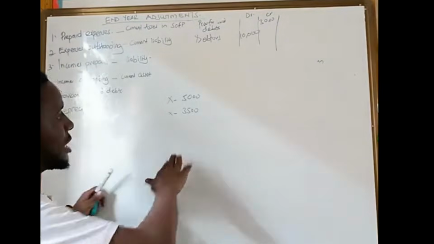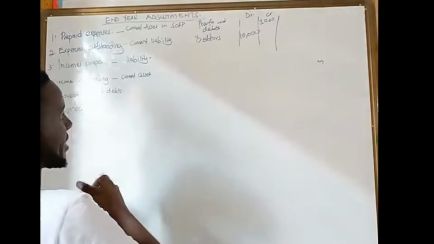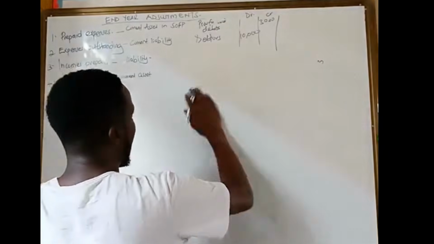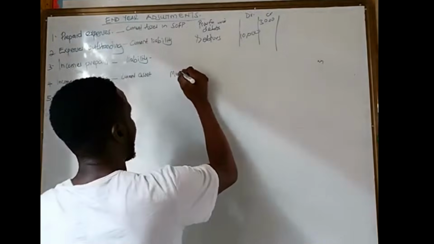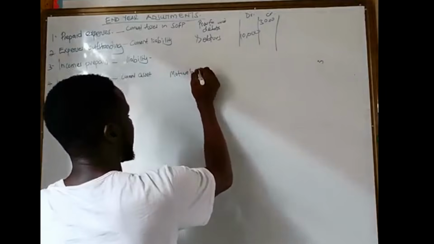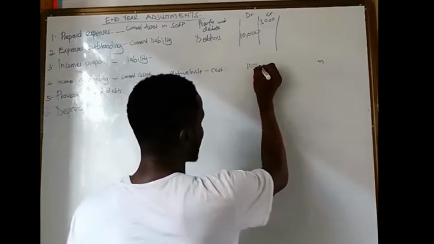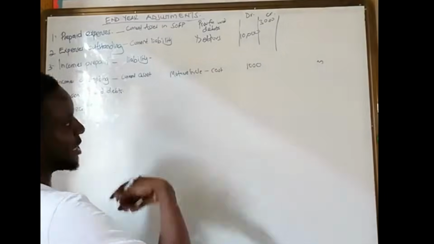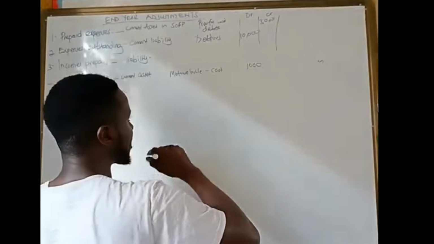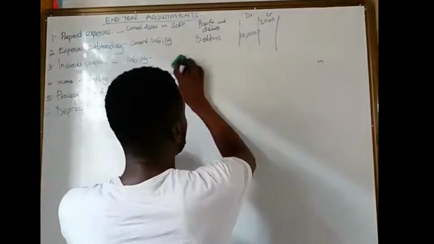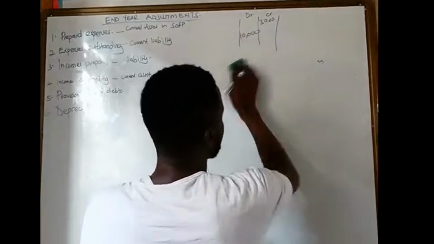Now, they can tell you, for example, they say a motor vehicle. So its cost was, let me say, 1,000. You see? And then they tell you that depreciation, okay, let me just give you an example here.